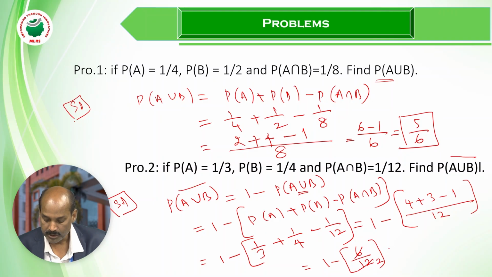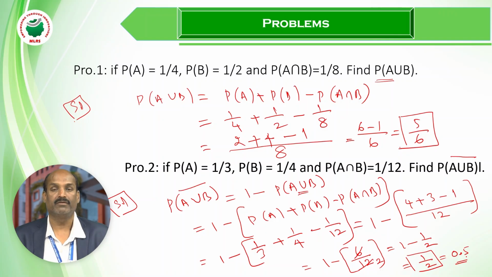So 1 minus 1 by 2 becomes 1 by 2. 1 by 2 means 0.5. This is the probability of A union B complement. Okay. So it is also one good problem.